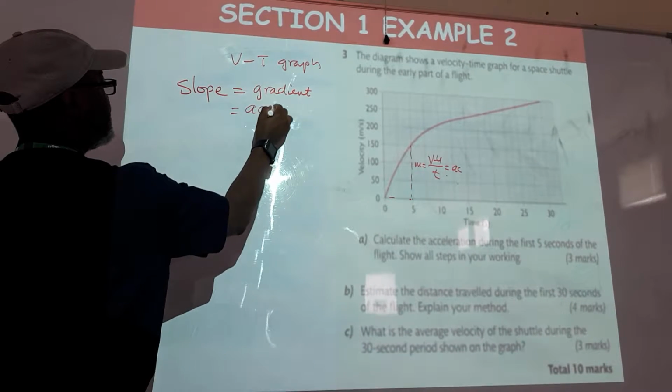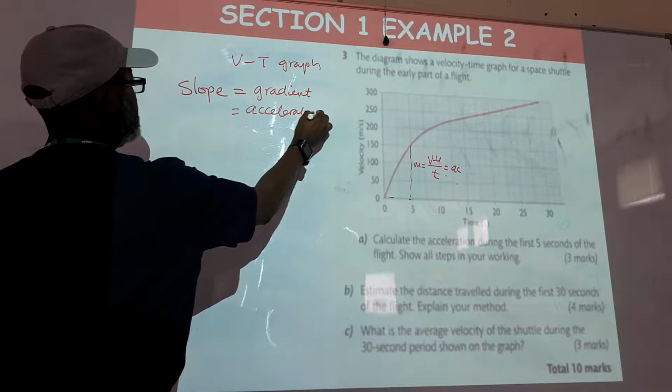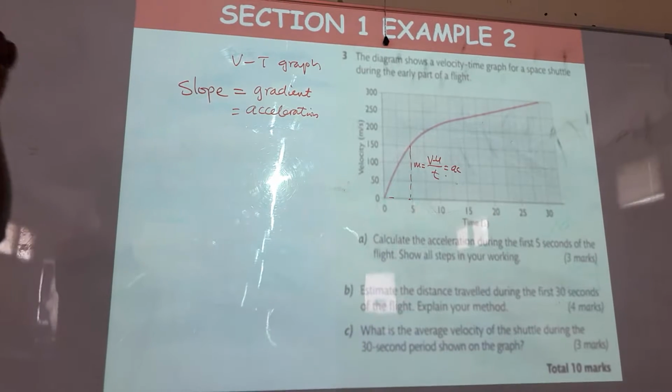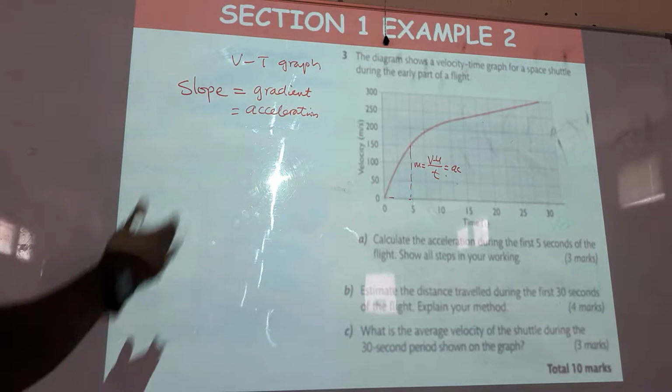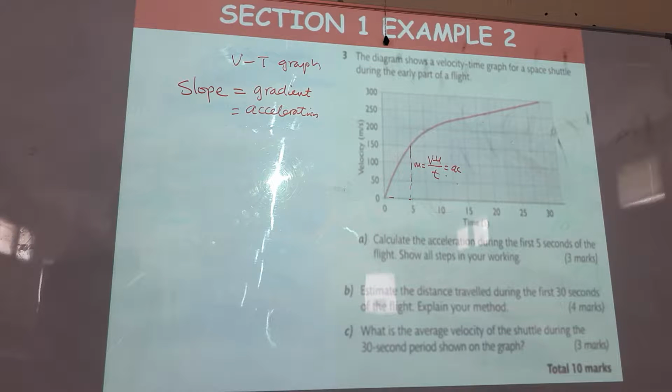So we say that an object moving on the first stretch of that graph is moving at a steady or constant acceleration.